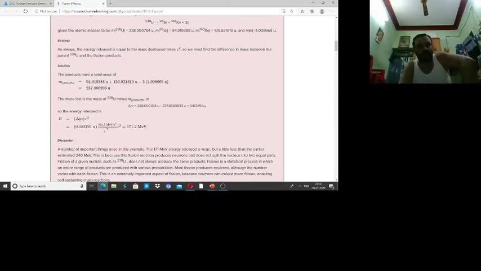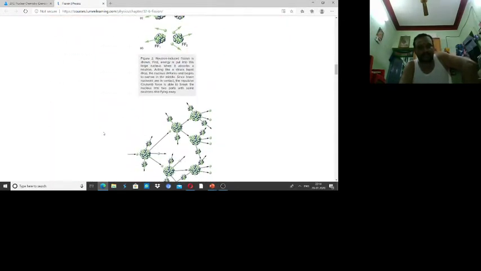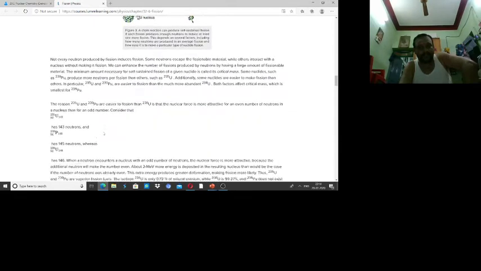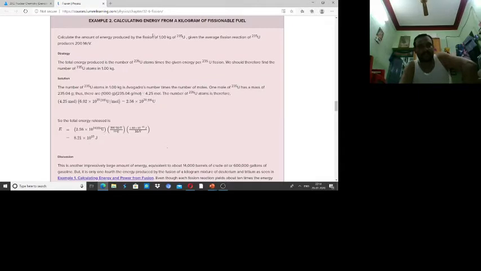According to the mass-energy relationship you have to do this. Now this is a calculation. Like this, they also beautifully explain every diagram. You may go through this. From a kilogram of the fissionable fuel, this is also another popular problem. You may go to this website.